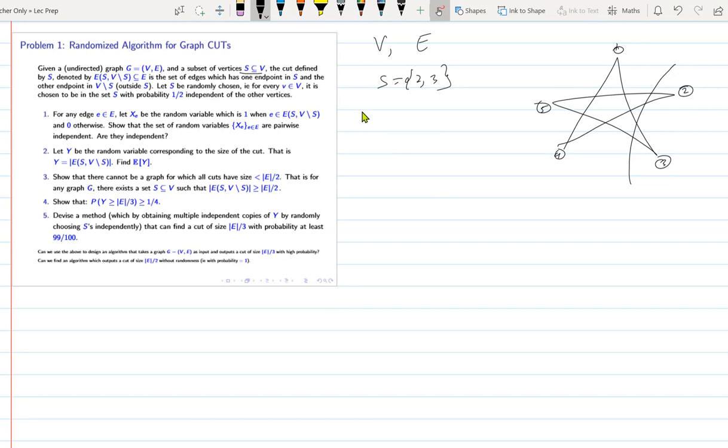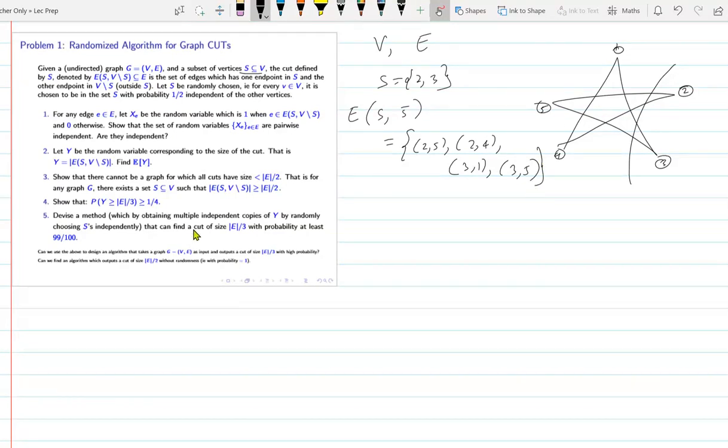Then the cut defined by S comma S complement is going to be the edges (1,2), (5,2), (2,4), (3,1), and (3,5). And this was defined as the cut.